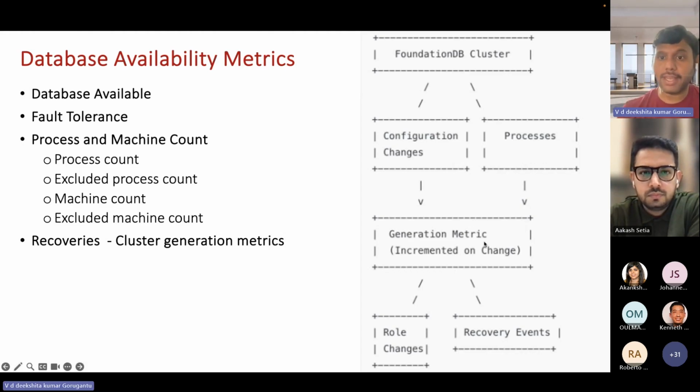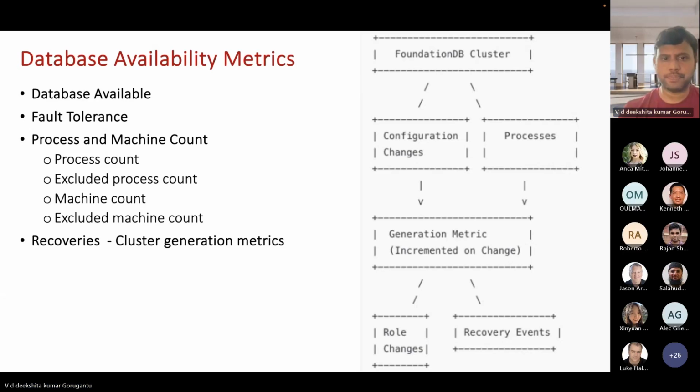That time it will increase the generation metric, even if there is any configuration change or process change. Immediately the generation metric will increase by 2 if it is a successful recovery. If it increases only by 1, it means the recovery was stalled, and immediately we have to look into the issue.